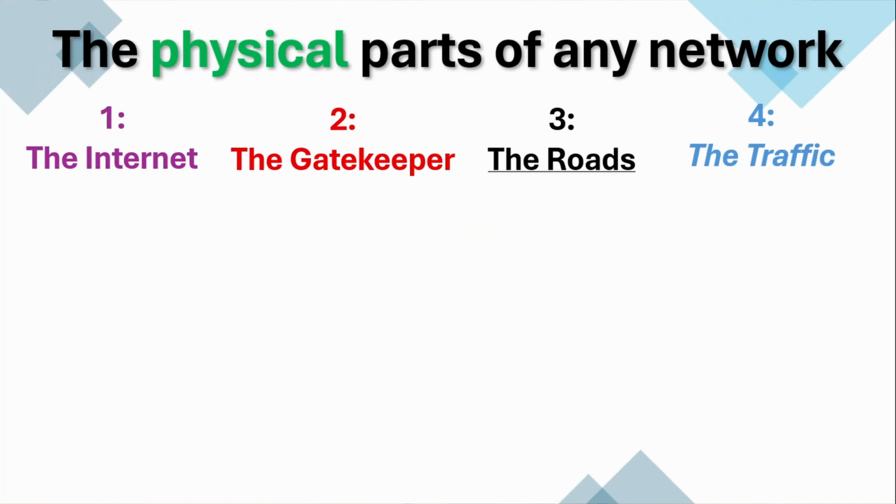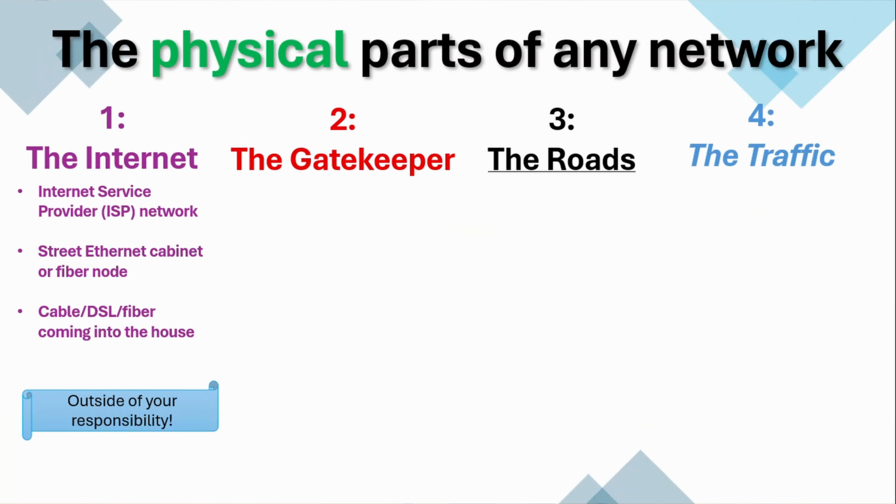Now, let's connect this logic to the real world. Each logical part can be handled by one device or split across several of them. Same roles, different boxes. Let's start with the first one, the internet, the WAN. This is your ISP's network. Street cables, fiber nodes, cables into your home. All of these are outside of your responsibility.